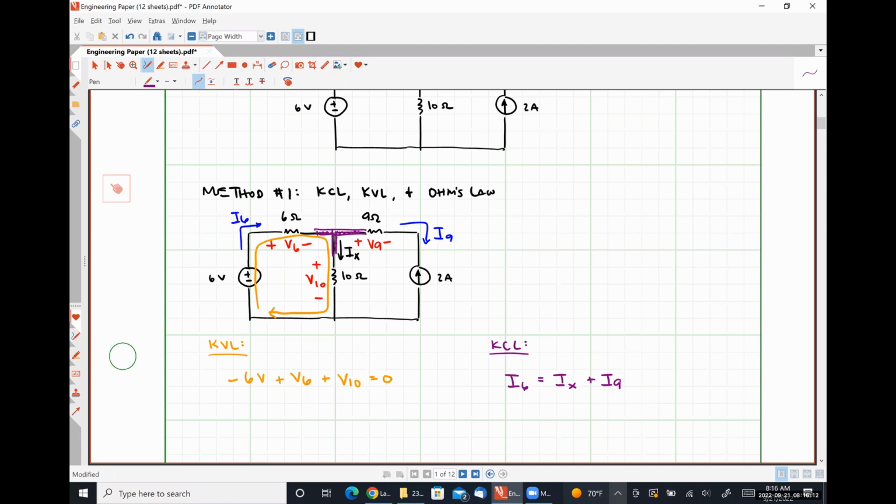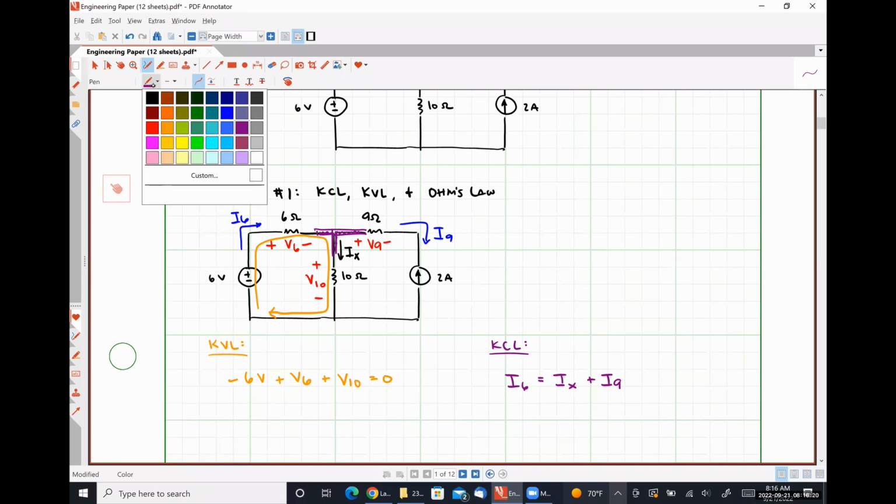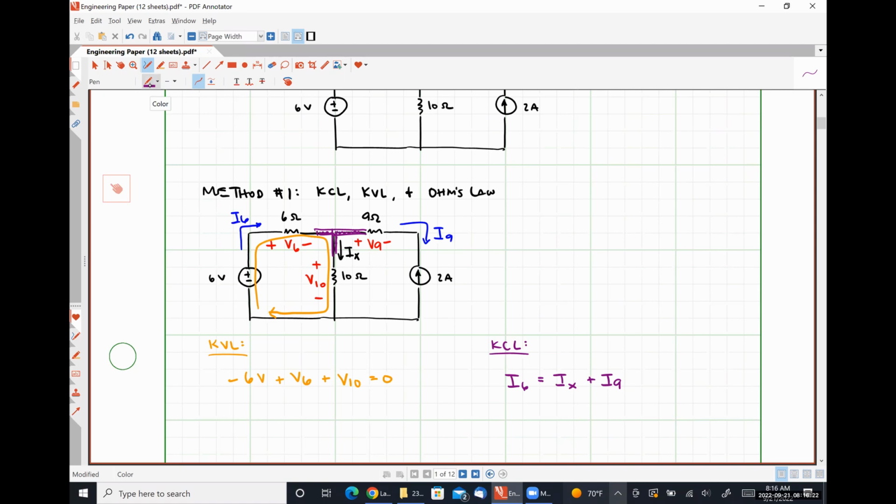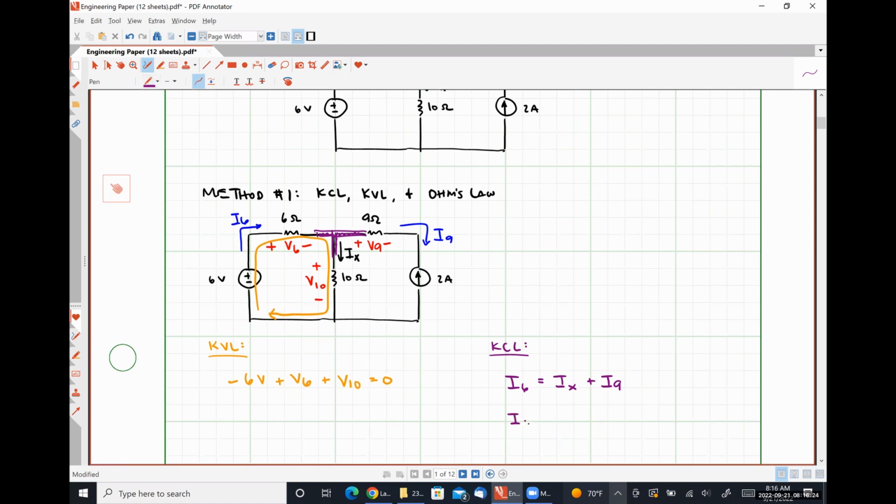What is it? Right, so I9 is equal to -2 amps. So let's update this equation and say that I6 minus IX is equal to -2 amps.